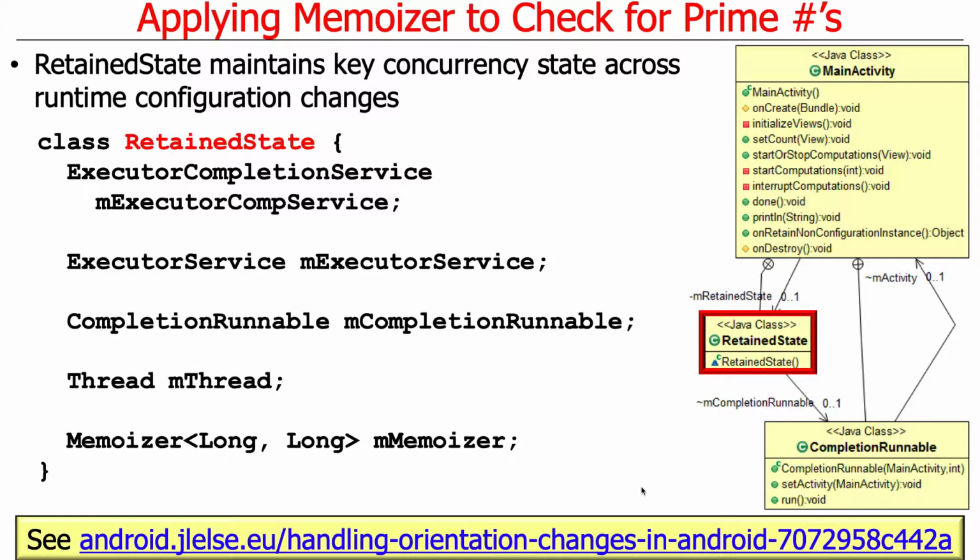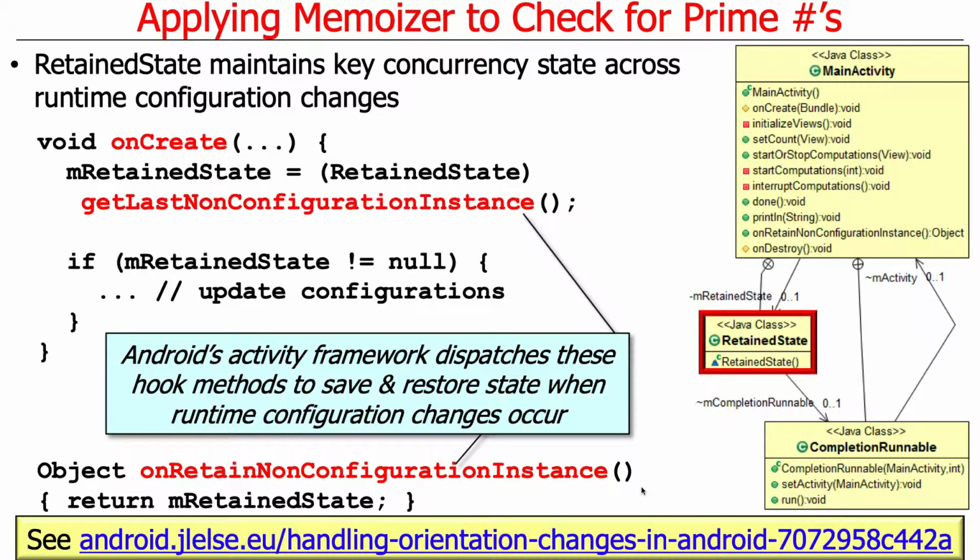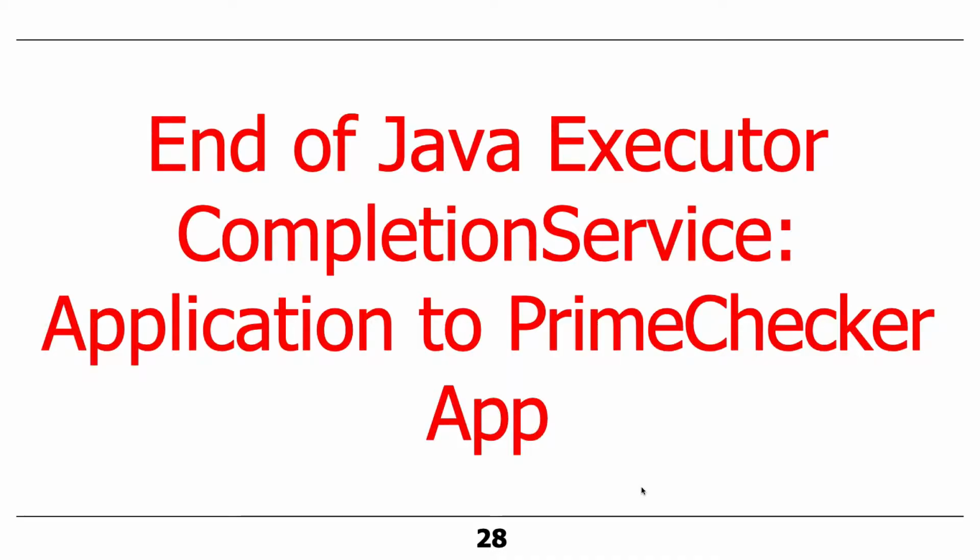So these are all things that we want to live throughout the processing of the computation. So we don't want those things to go away when the runtime orientation changes. And this is just the magic in Android to restore and or save that special configuration state. You don't have to worry too much about that at this point, but that's what's happening in Android.